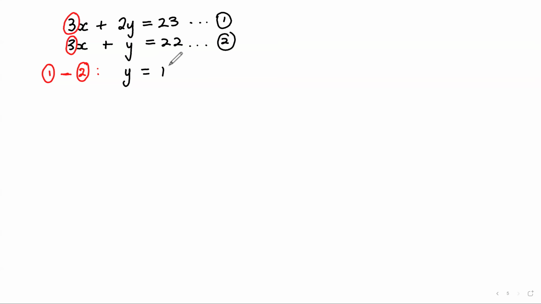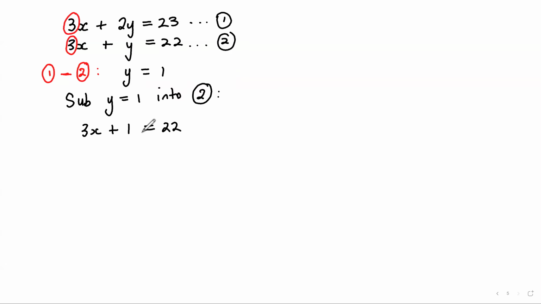So y is equal to 1, and now I substitute y is equal to 1 into any one of the equations. I'm going to put it in equation 2. That's a simple equation. So that would be 3x plus y, which is 1 that we just worked out, is equal to 22.